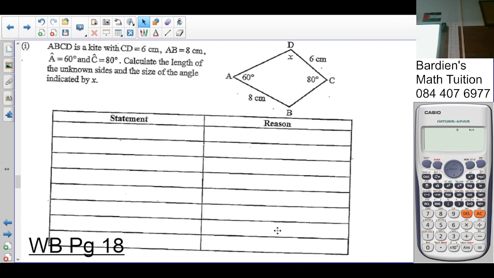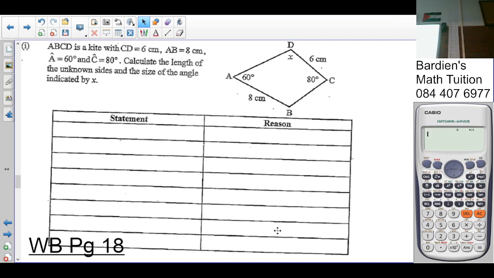ABCD is a kite with CD equal to 6, AB equal to 8, angle A is 60, angle C is 80. Calculate the length of the unknown sides and the size of the angle indicated by x.